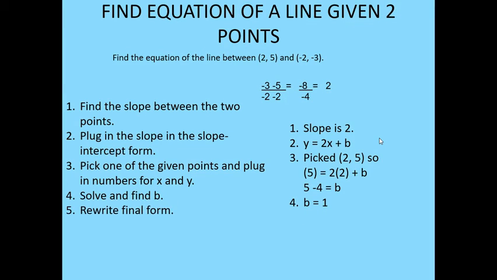So then we can rewrite the final form as y equals 2x plus 1. So this is one of the easiest ways to solve for the equation of a line when they just give you 2 points.